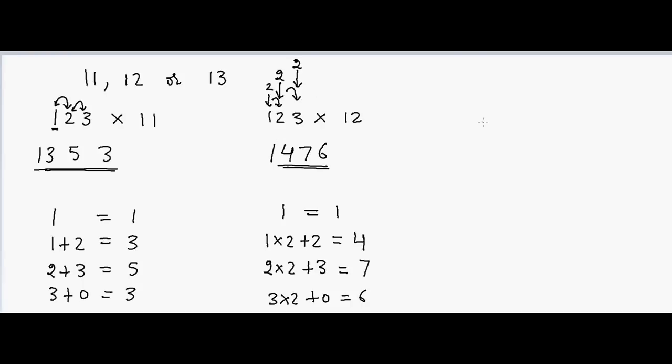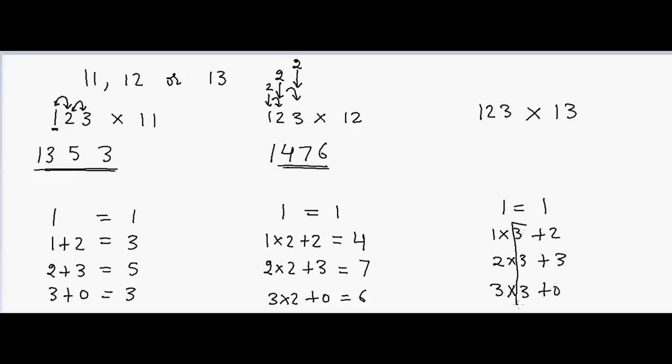So let's go to another example and multiply by 13. If I have 1 2 3 and I want to multiply by 13, I'll do it the same way. First digit will be equal to first digit, the second will be 1 into 3 plus 2, third will be 2 into 3 plus 3, and then we have 3 into 3 plus 0. If you look here, I multiplied all the numbers by 3.